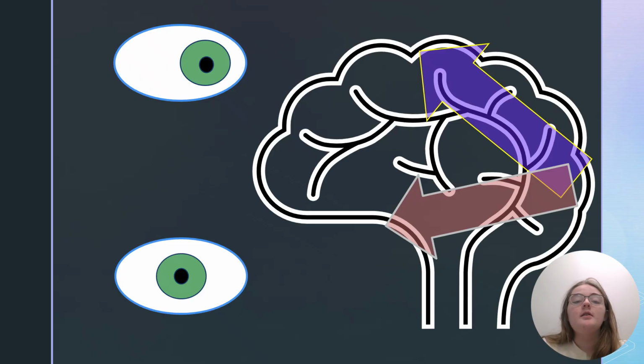And now saccades and pursuits are going to be venturing outside of that central vision. That's why I have the eye kind of toward the side. The saccades jump to the outside or the inside. It can be to the medial side or the lateral side of the eyeball. Pursuits are going around the periphery of the visual field as well.